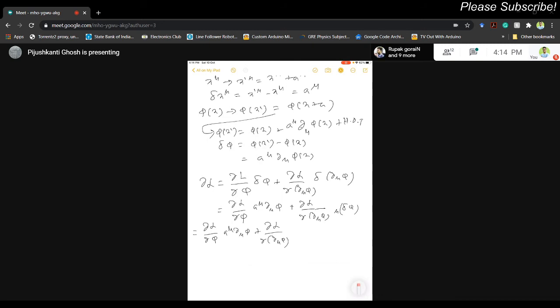So this is del_mu. What I will do is write a^nu del_nu phi. For this expression, del_mu I have written as a^nu del_nu phi, because this is a dummy variable. Repeated indices are dummy variables. Dummy means you can substitute mu for nu.